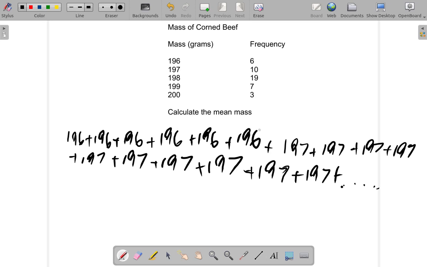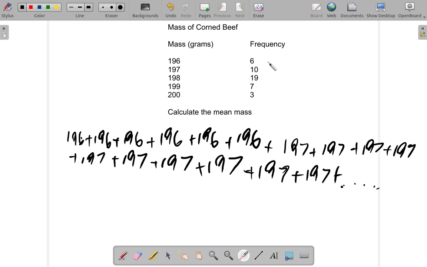And if you should add them and divide by the number, you would say 196 plus 196 plus 196 and so on, then 197 plus 197 plus 197, on and on like that. And then you divide by the total number of corned beef that you studied.